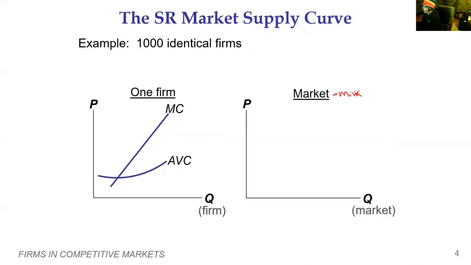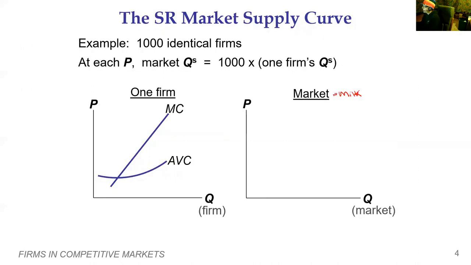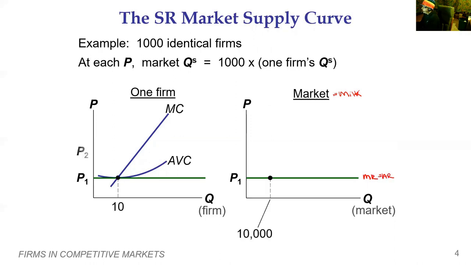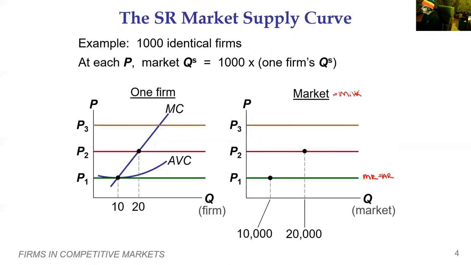Okay, so if we have 1,000 identical firms, then what we're going to say is that the price is still going to be equal to marginal revenue, which equals average revenue in a perfectly competitive market. So if we look at this, we're going to have, again, different prices, and we're going to see that different firms will enter in based upon the price in the market.